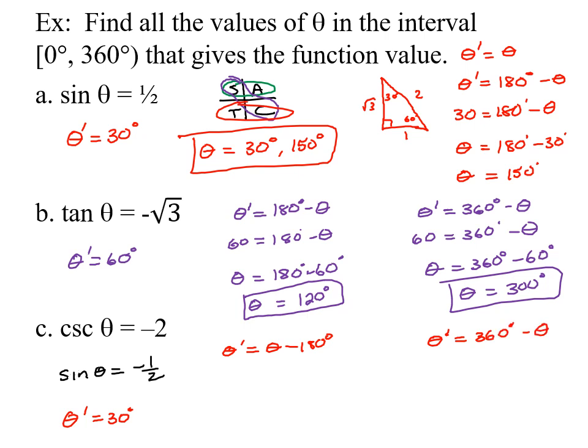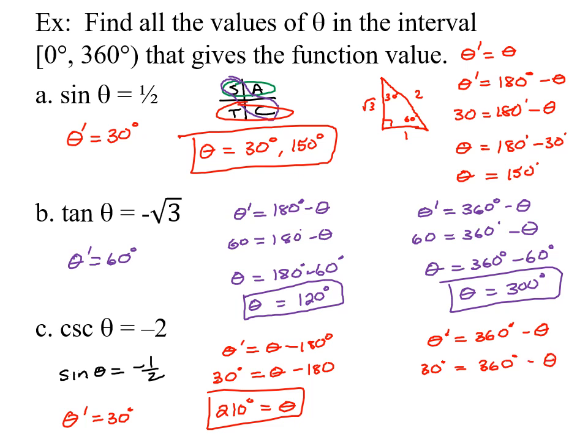So if I plug that 30 in there, I'll get 210 degrees equals theta for the first one. And the other one, if you plug the 30 in there, again, I'll let you all do most of the rearranging, you'll get that theta is 330 degrees. And that's your other angle.